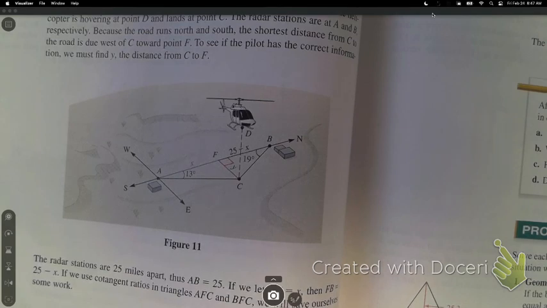Where it says 25, what is that talking about there? It says 25 minus x. Okay.